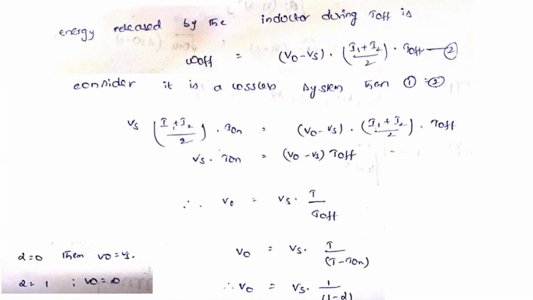For the minimum duty cycle, you get V naught as Vs. Then substitute alpha as 1: 1 minus 1 is 0, 1 by 0 is infinity, infinity into Vs is infinity. So finally, V naught is infinity. So the minimum value is Vs and the maximum value is infinity.